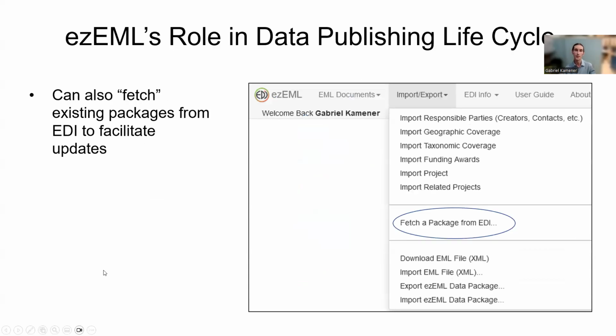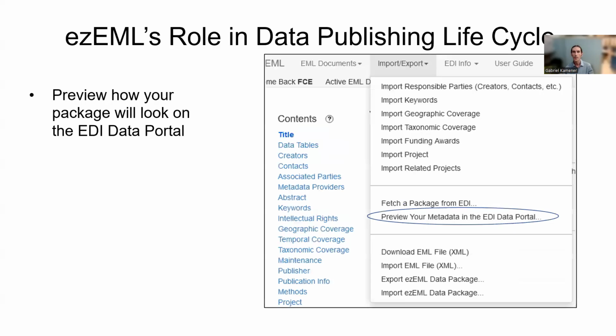EasyEML can also fetch existing packages from EDI to facilitate updates. And so we now use this to update all of our ongoing data packages. You can also preview how your package will look on the EDI data portal as you go through the process of drafting it.